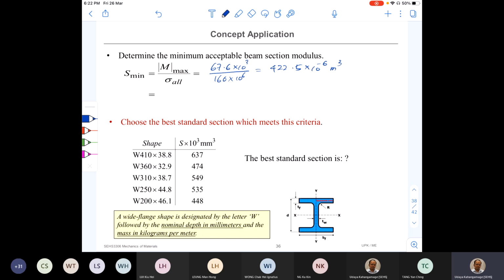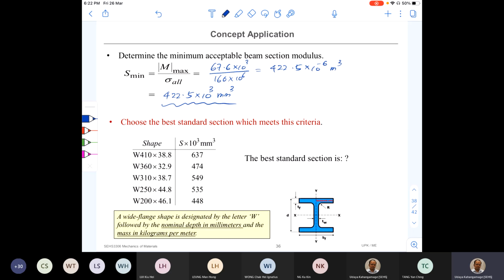So if we convert it into millimeters to the power 3, it is equal to 422.5 into 10 to the power 3 millimeters to the power 3. So this is the minimum section modulus required from the standard section we are going to select.